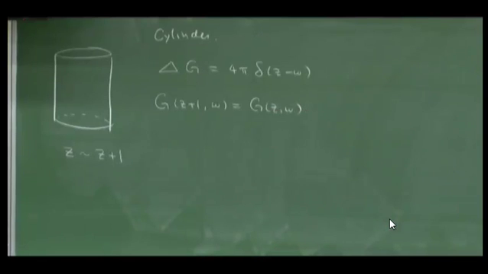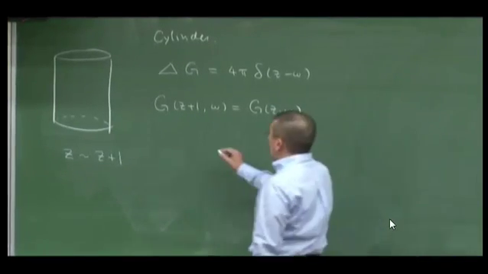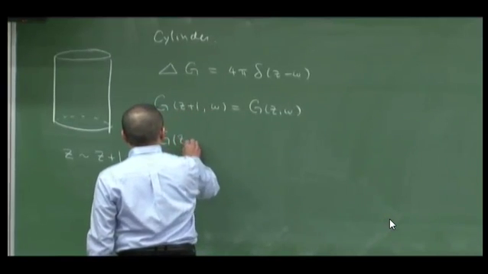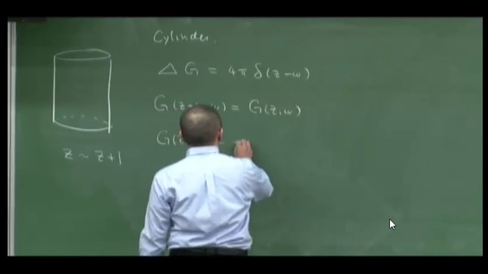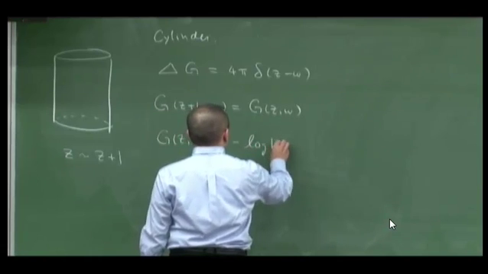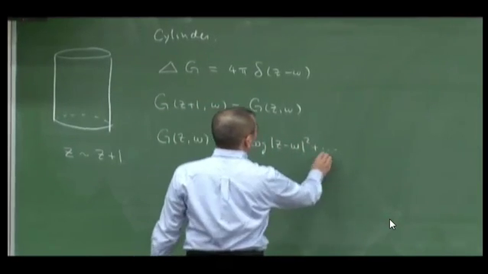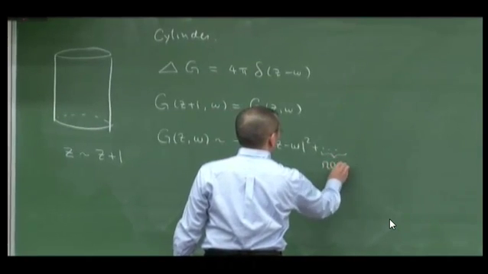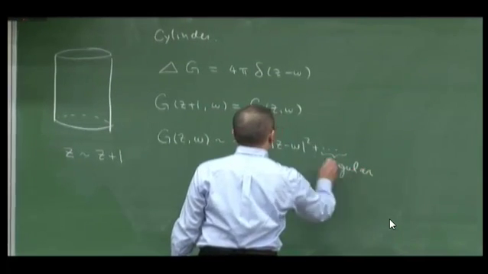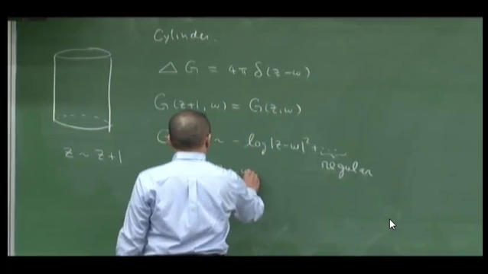So it has to be periodic in one direction, and also it has to have the property that when z and w are close to each other, it should behave like this with some other regular term where z is close to w.